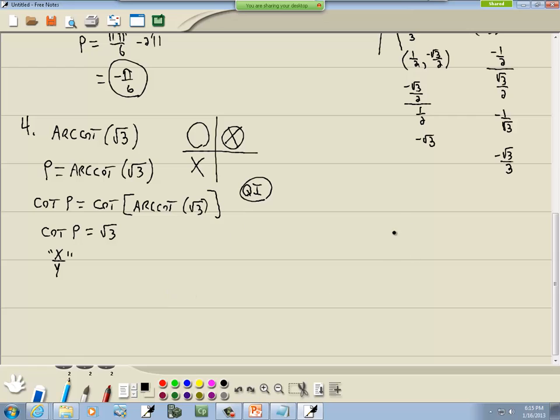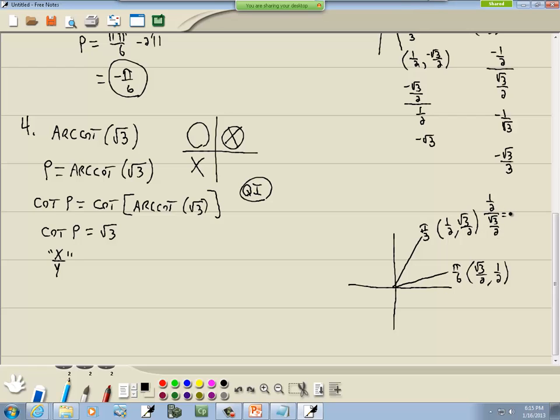Okay. So here in the first quadrant, we have pi over 6, and we have pi over 3. Now this point here is the square root of 3 over 2 and 1/2. And this one is 1/2 and square root of 3 over 2. Now cotangent is x over y, so if I put this x over this y, we'd have 1/2 over square root of 3 over 2.